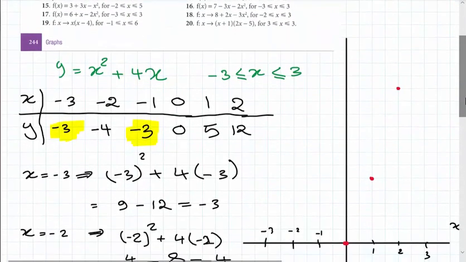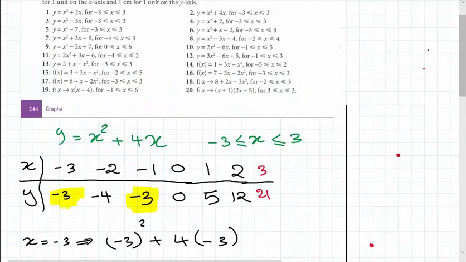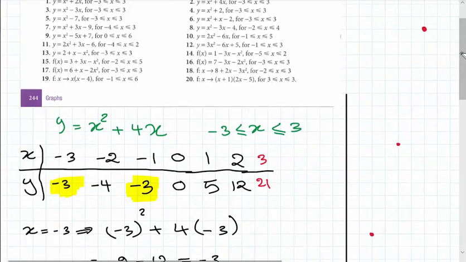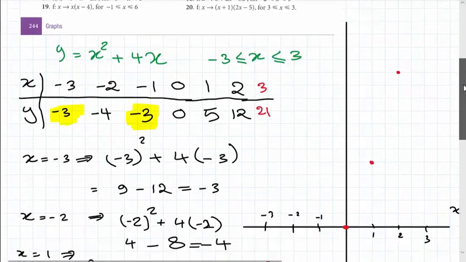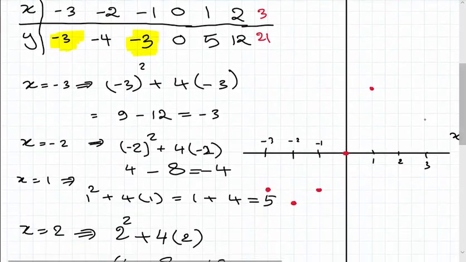I don't think we have 21 on this xy axis, but we calculated 3 and 21. So we need to go up 21 steps. So 20, 21. This is the point we need. 3, 21 is marked. So far, we see a smooth curve. There is no point disturbing the curve. All the points complete a smooth curve together. Now all we have to do is join them with curves that complete each other.